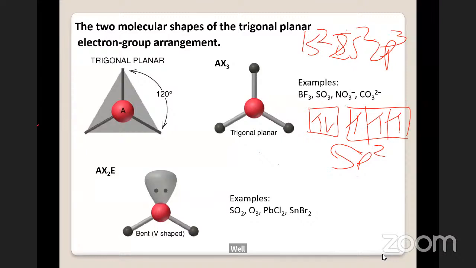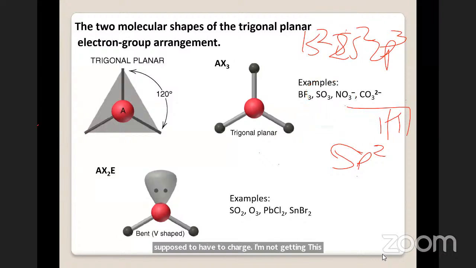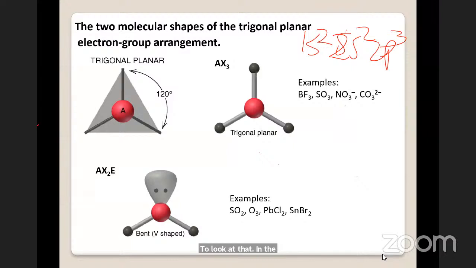No, I'm not getting this correctly, but I would revise and come back to look at that. In the case of bent shape, let me use ozone to explain.